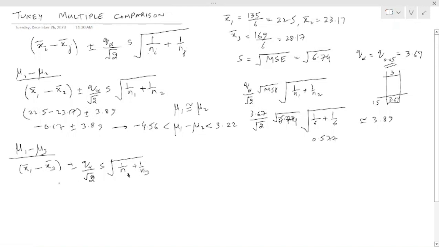And this entire part would be same as 3.89, what we have worked out before already. This is 22.5 minus 28.17 would give us the answer minus 5.67 and plus minus 3.89.